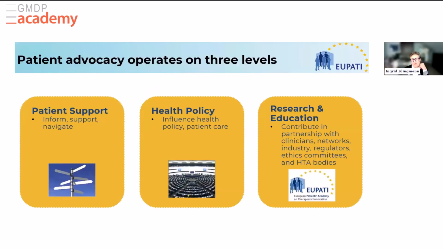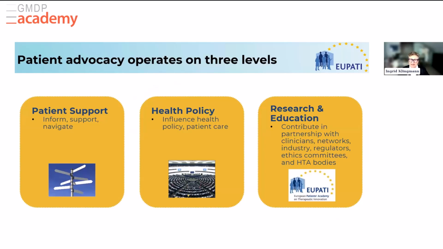Okay, so what we need also to be aware of is that patient advocacy, in fact, occurs on very different levels, in very different areas. There is the typical patient support where patient advocates help other patients living with their disease with information, with support, help them to navigate through their diagnosis and therapy opportunities.